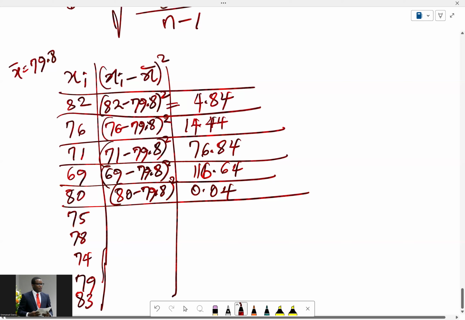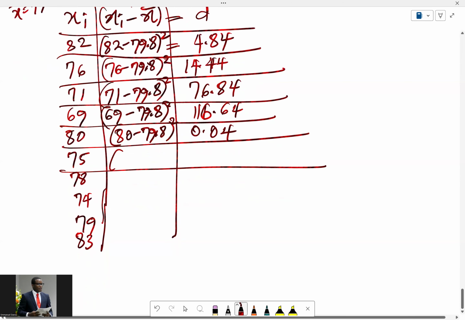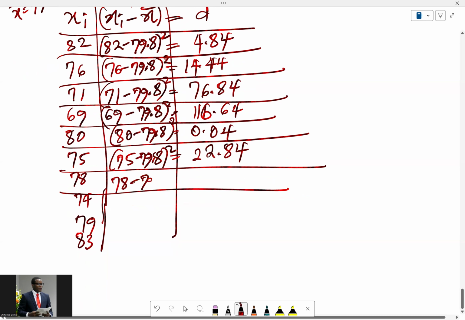You can say this is d squared because this is simply deviation, all squared. Okay, so we have 75 minus 79.8 squared, which is 22.84. And then you have 78 minus 79.8 all squared.